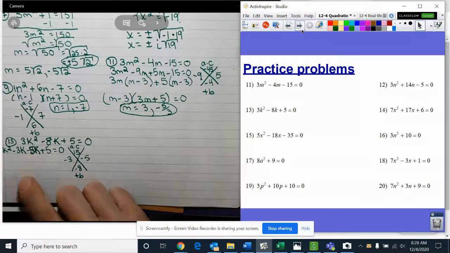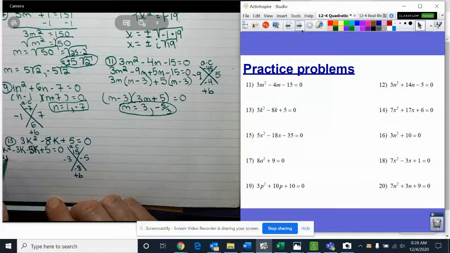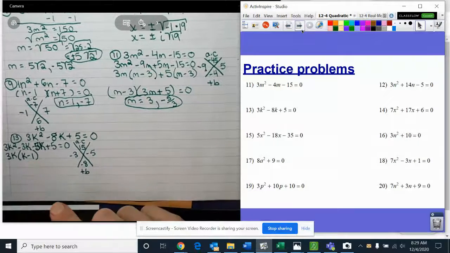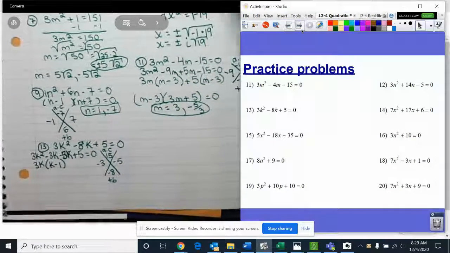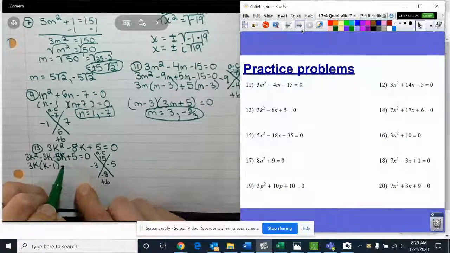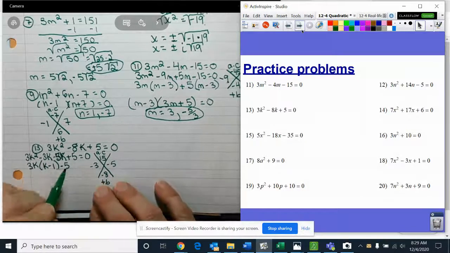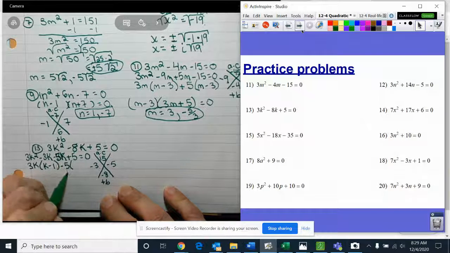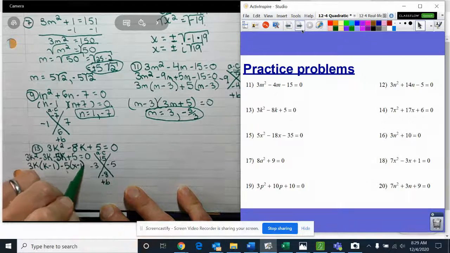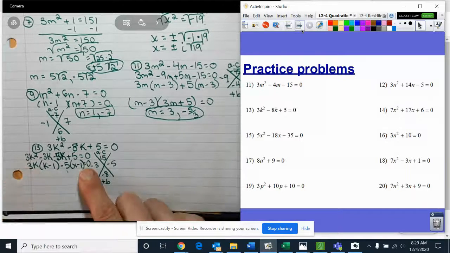Notice this first group has a common factor of 3k, and then we have k minus 1 left behind. Then amongst the second group, we have negative 5 as a common factor. And when we divide out the negative 5 of each term, we have k minus 1, and that equals 0.